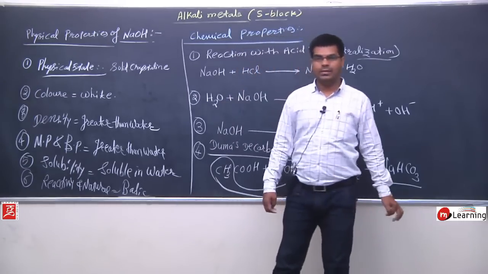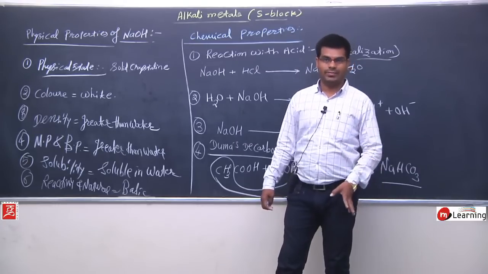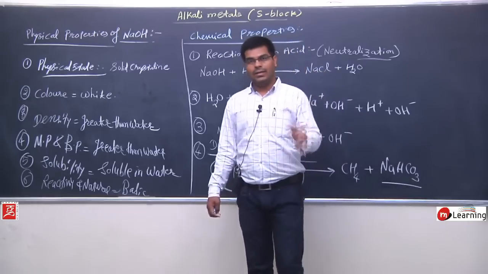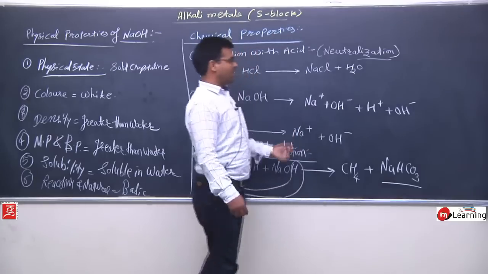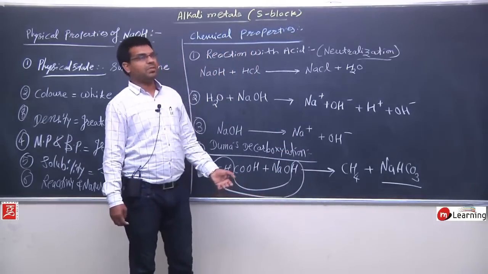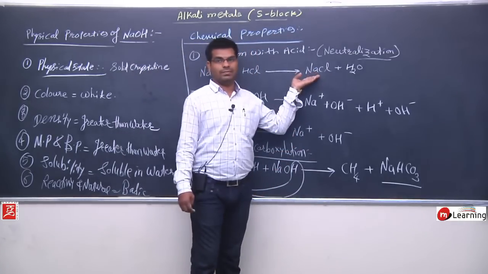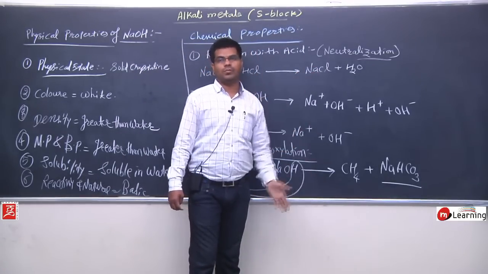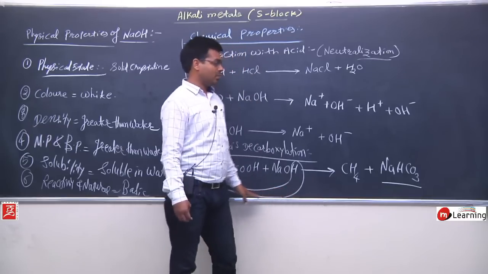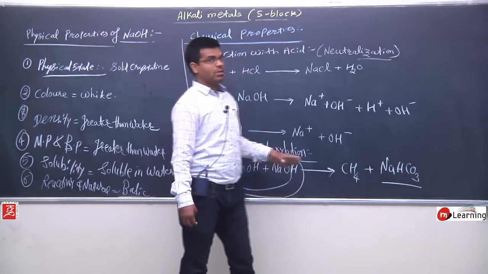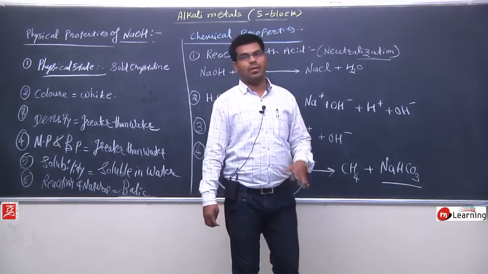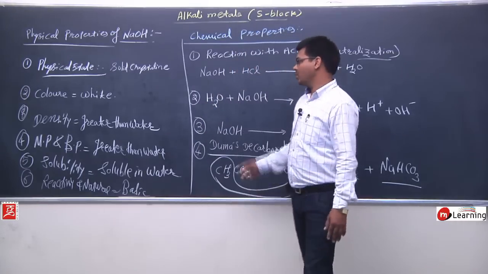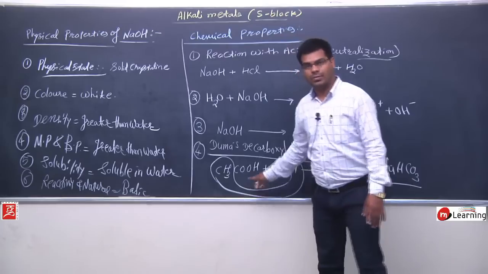Sodium hydroxide is also used in the neutralization reaction, in the preparation of methane gas, and in the preparation of salt like NaCl. So sodium hydroxide has many uses in reactions. It is a strong base, and a number of reactions are conducted using sodium hydroxide. Okay, so note it down.